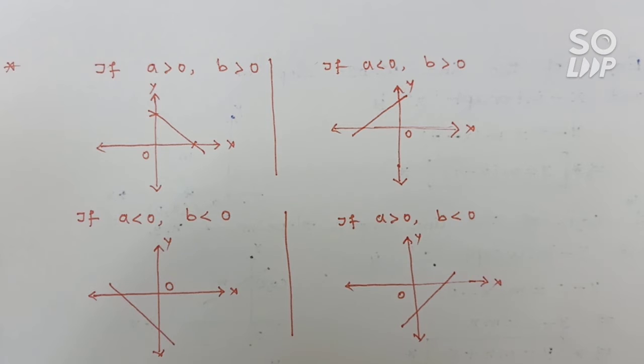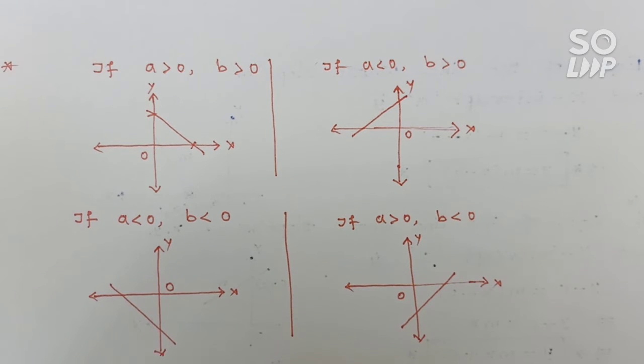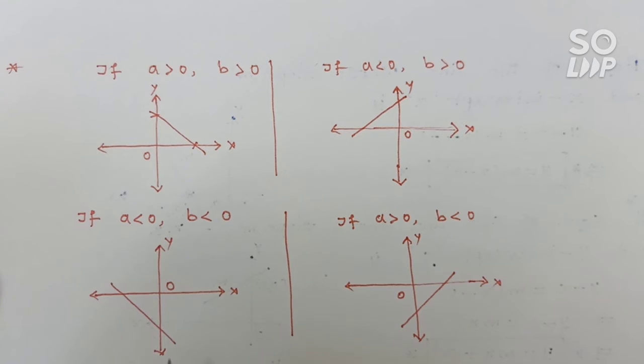All of you please try to understand how you are getting all this. Here, where both intercepts are positive, the line cuts the coordinate axes in the first quadrant.